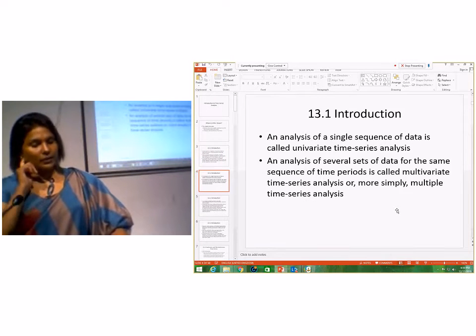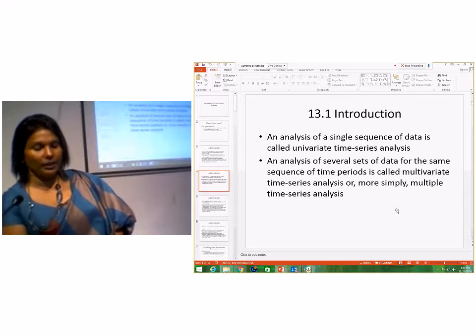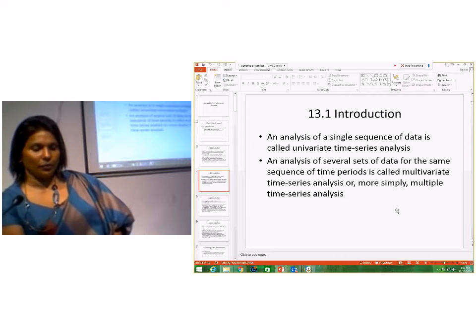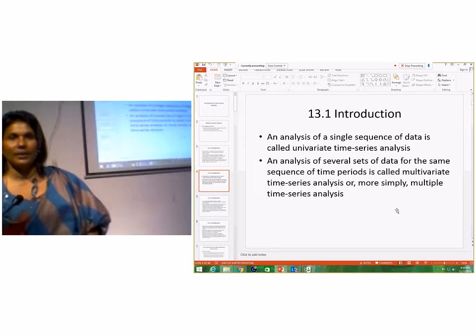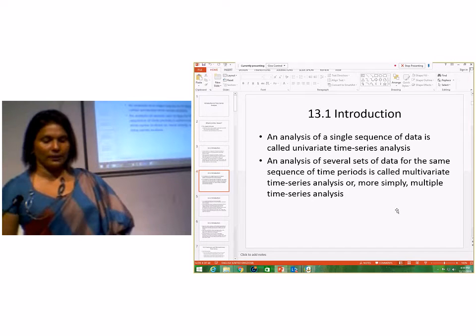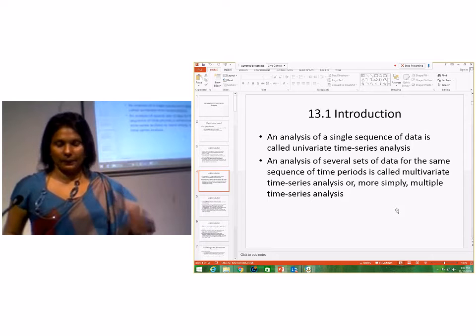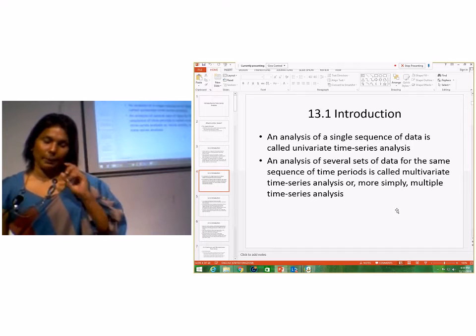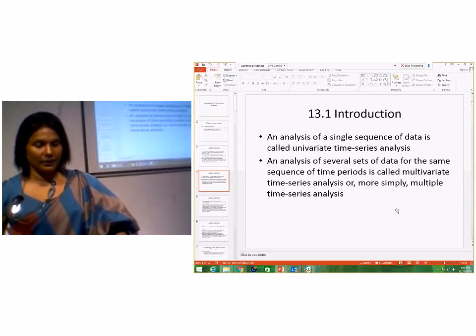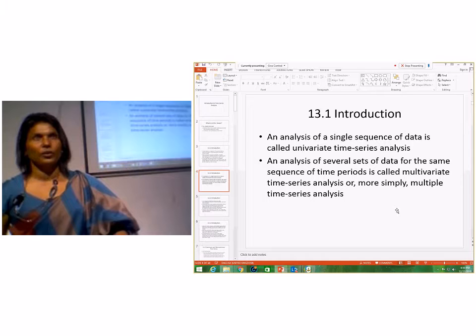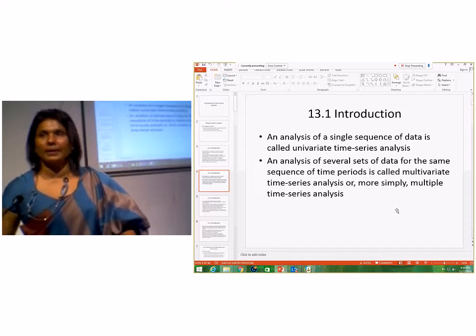An analysis of a single sequence of data we call univariate time series analysis. An analysis of several sets of data for the same sequence of time periods is called multivariate time series analysis, or more simply, multiple time series.